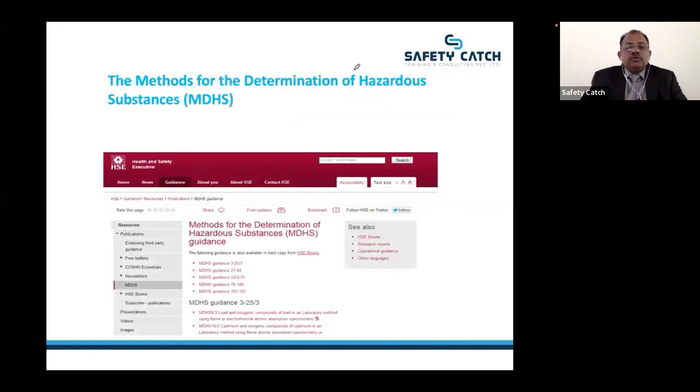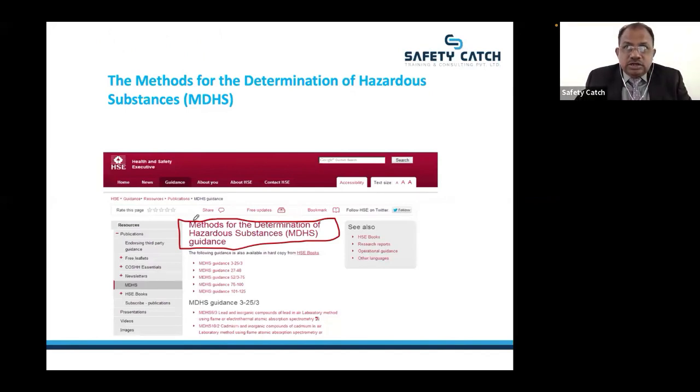And also, note down, go to the HSE UK website and type Methods for the Determination of Hazardous Substances guidance. So you will get some guidance here, MDHS guidance. This is just for referencing, and if any question comes in the exam regarding hazardous area monitoring, you can take help from these documents.